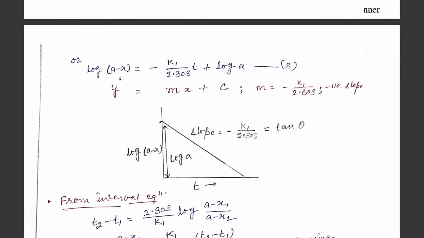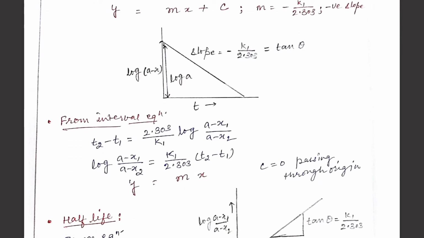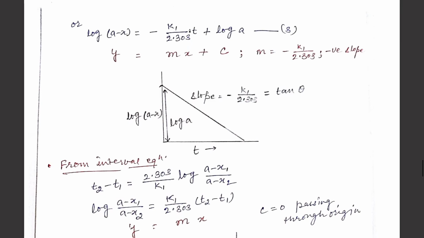This equation is similar to the straight line equation y equals mx plus c. This is our y, this is m, this is x, and this is c. So in this way we get a straight line which will not pass through the origin. Since our slope has a negative sign, we get a straight line with a downward slope as shown here. So this is another graphical representation for a first order reaction.